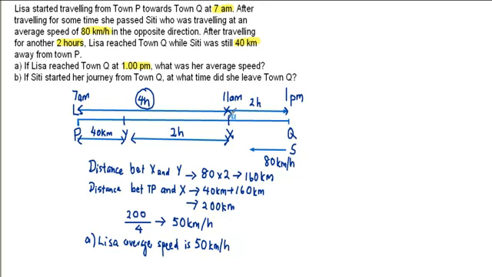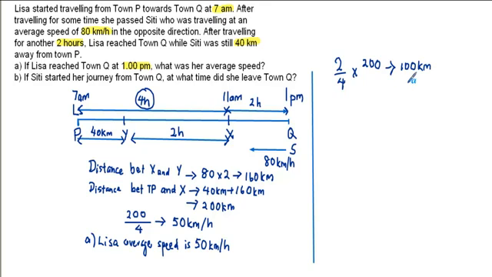For question B, using Lisa's speed and time as clues, we know that if Lisa took 4 hours to travel 200 kilometers, therefore the distance traveled in 2 hours would be 2 hours over 4 hours multiplied by 200 kilometers, and this will give us 100 kilometers.